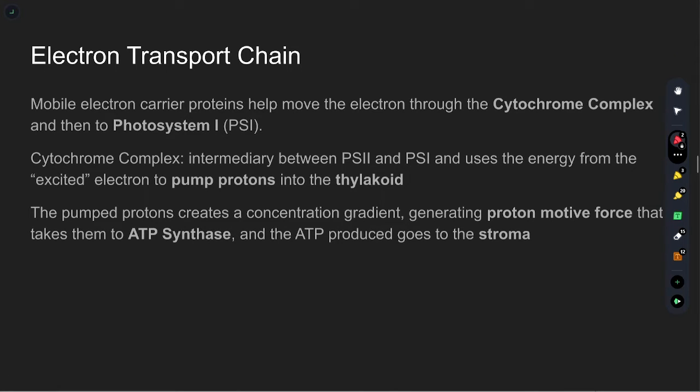Here's some more information about the electron transport chain. The electron transport chain is powered through redox. There are mobile electron carrier proteins that help move the electron through the cytochrome complex and then to PS1. Your cytochrome complex is also a protein complex that uses the energy from the excited electron to pump protons out.